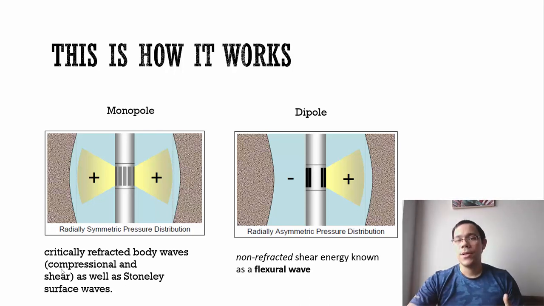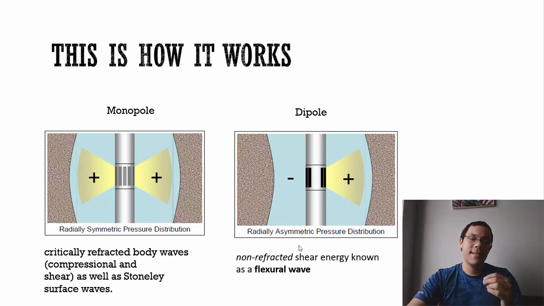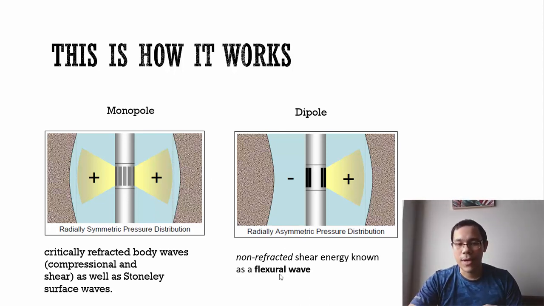So this is where dipole transmitters come into play, because dipole transmitters are capable of creating those shear waves in every single formation, in all formations. It gets a little bit tricky because at the end, these are not exactly shear waves, they are referred to as flexural waves.